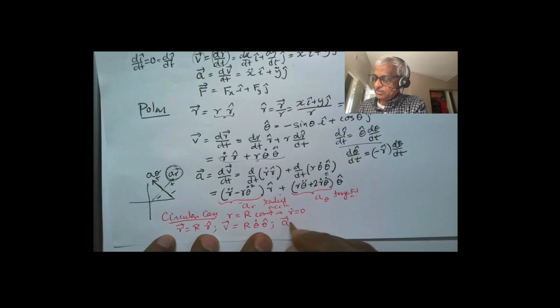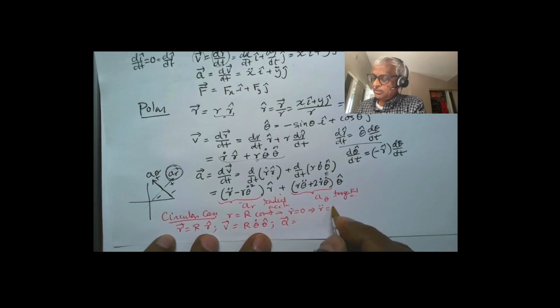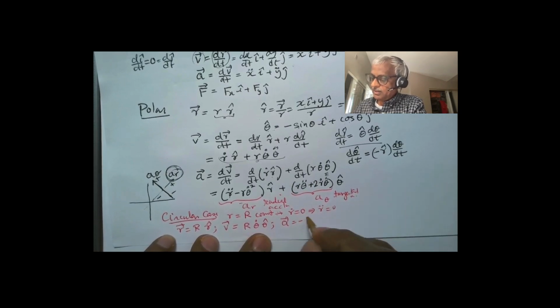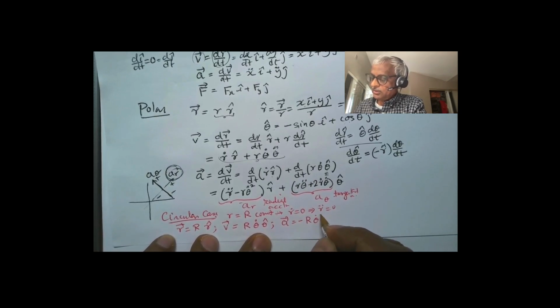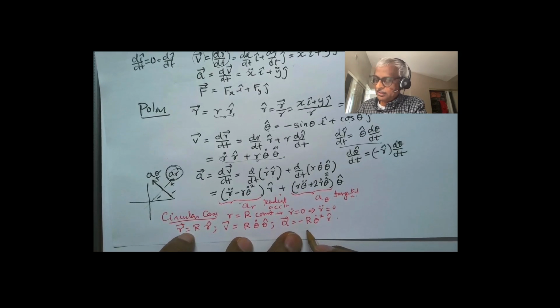And acceleration will simply be, r dot is 0, that means r double dot is 0, so I'm going to get minus r theta dot squared r hat, which is the centripetal acceleration.